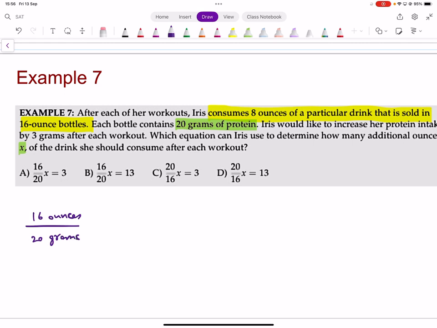What do you want to figure out? You want to increase the protein intake by 3 grams. So if 20 grams is what a 16 ounces bottle has, what about 3 grams? You can just use ratios.